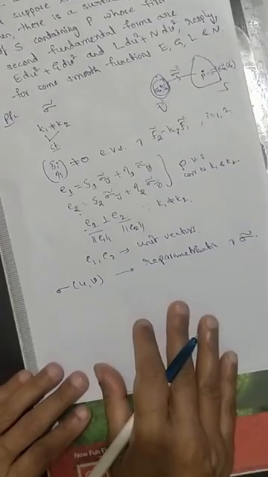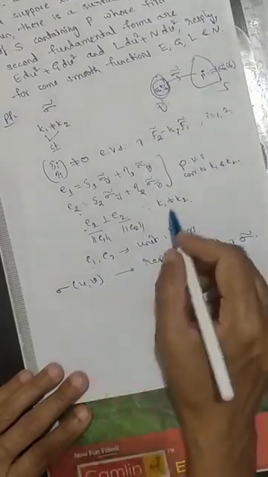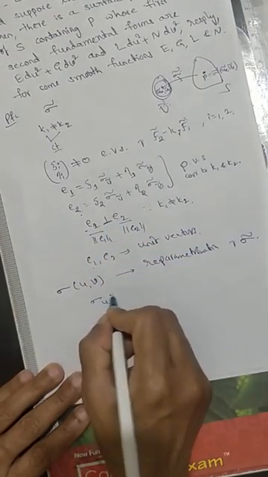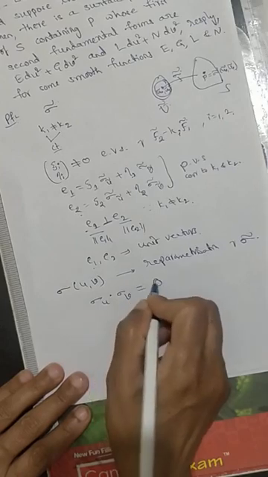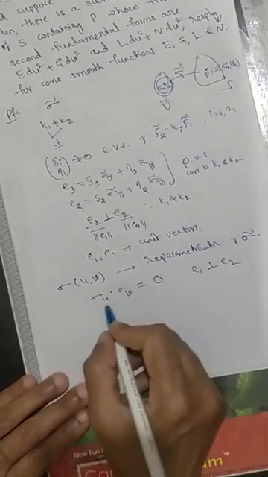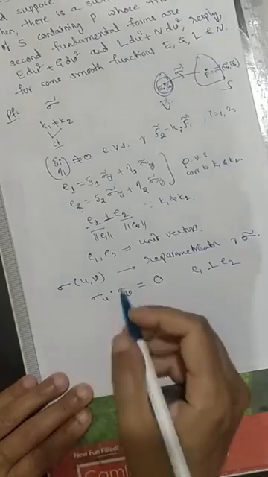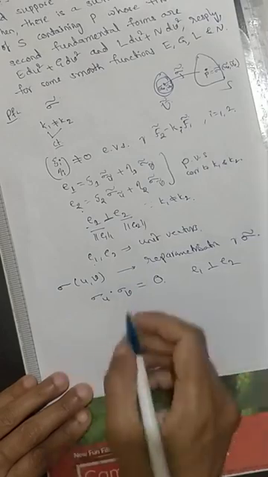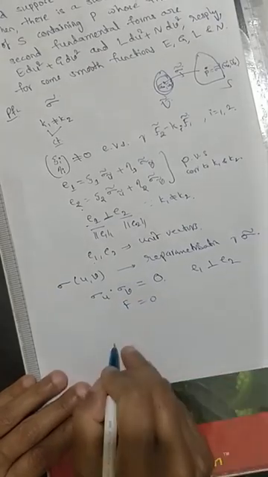Now e1 and e2 are perpendicular to each other. So sigma_u dot sigma_v is equal to 0, because e1 is perpendicular to e2. Once sigma_u dot sigma_v is equal to 0, the second coefficient in the first fundamental form, F, will be equal to 0.